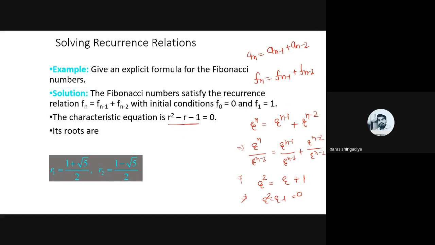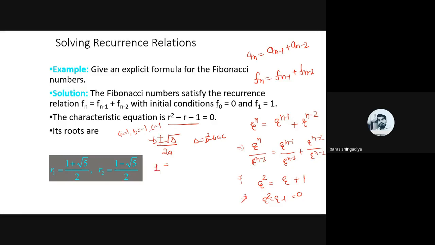Now solve this. Okay, so we cannot directly find the roots by factoring. So here we'll apply the formula to find the roots, minus b plus or minus square root of delta divided by 2a. Okay, delta is equal to b square minus 4ac. So a is 1, b is minus 1, and c is also minus 1.